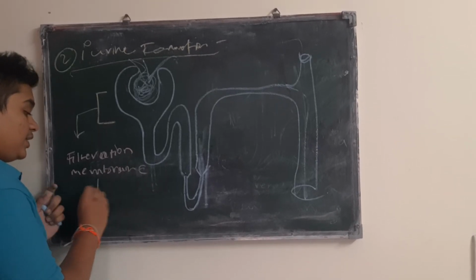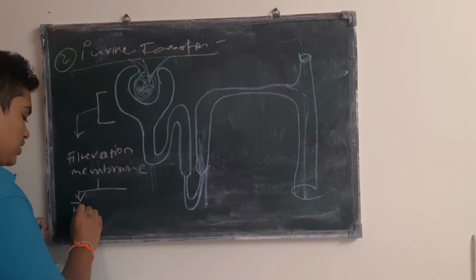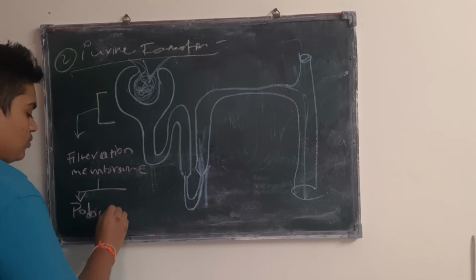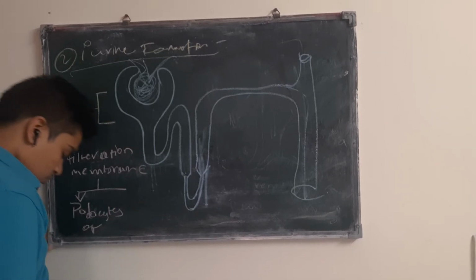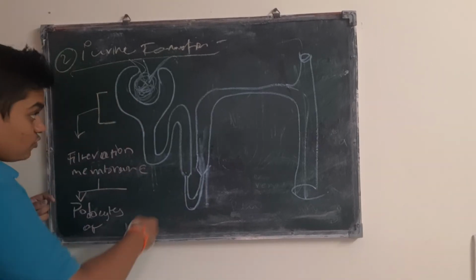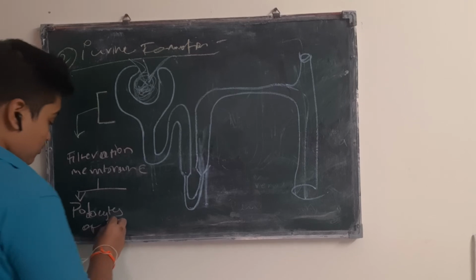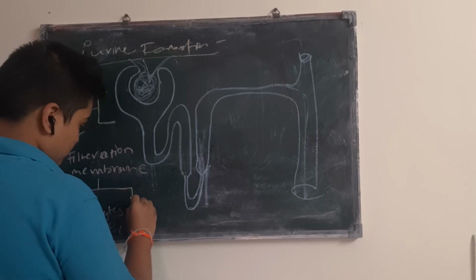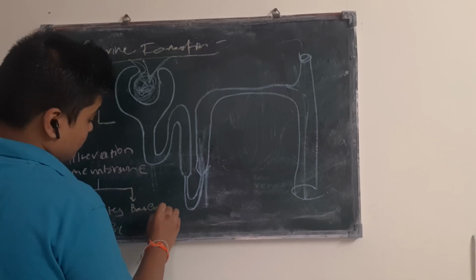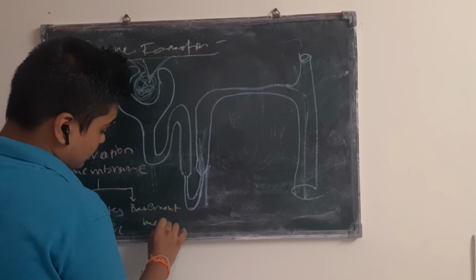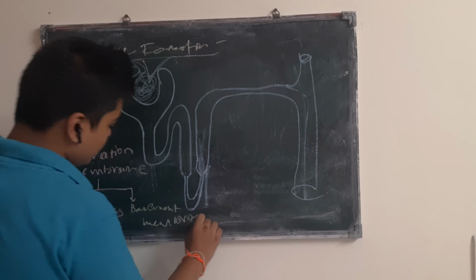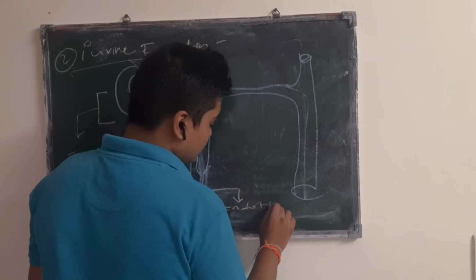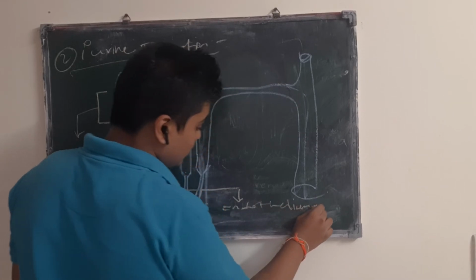Now this filtration membrane consists of podocytes of Bowman's capsule, next the basement membrane, and the endothelium of blood vessels consisting of fenestrations.